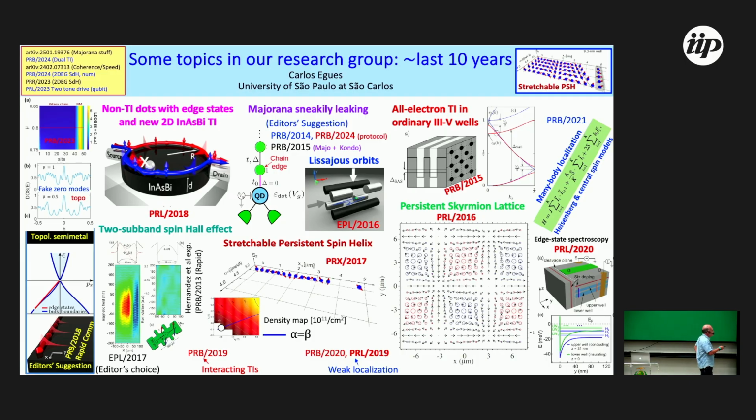And more recently, in this paper, we actually extended the idea, because the beta here, which is this Dresselhaus coefficient, can depend on the two-dimensional electron density of the 2DEG, so you can vary it. And with appropriate gates to the system, you can also vary alpha.